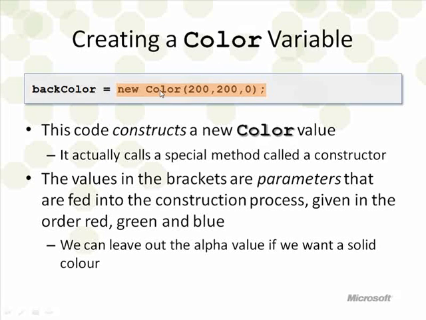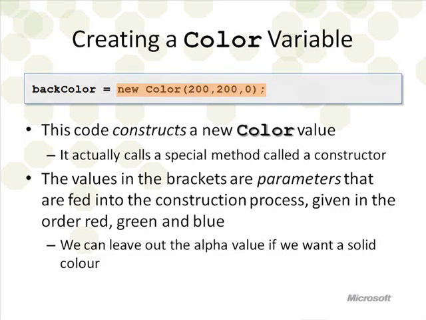This bit here constructs the color, and it's told how much red, how much green, and how much blue. And it says there I don't want to bother with the alpha because I want one coat paint, please. So I'm leaving off the alpha value, and I'm getting myself a color which is opaque. I can leave that out if I want.